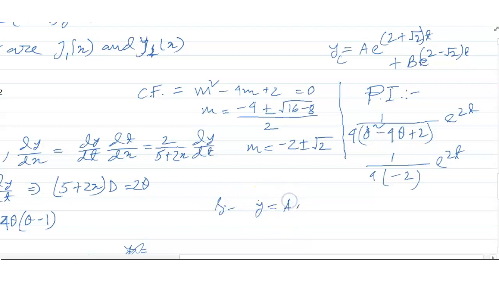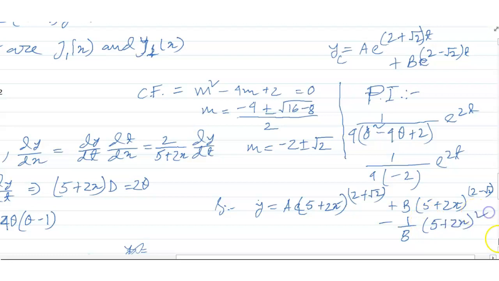y is equal to A into e to the power (5 + 2x) whole to the power 2 plus root 2, plus B into (5 + 2x) to the power 2 minus root 2, minus 1 by 8 e to the power 2t, means (5 + 2x) whole square.